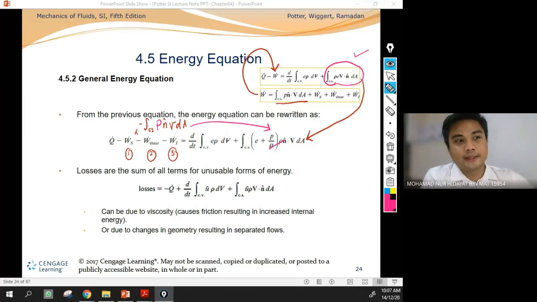And in addition, due to the energy moving across the control volume, we have some losses. Remember, loss is surrounding us. For example, your phones, your laptop. You watch the web, you watch my tutorial, you watch my lecture. Alright?